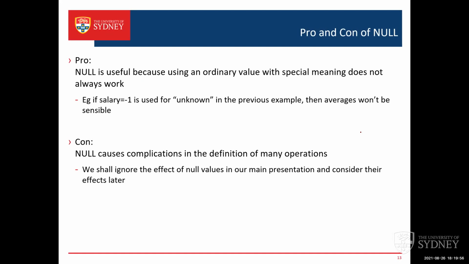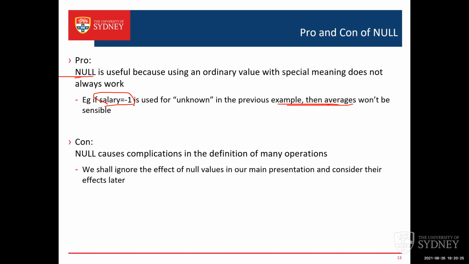Why are we going to use null, this special thing? It has definitely some advantages, some disadvantages. The main advantage is that we already know what is the thing that we are going to use for blank. Okay, so we can use many different things. Someone might say, when I have a blank, I will use a negative value. Okay, so if you are using salary equal to -1, and then you are calculating the average, right?